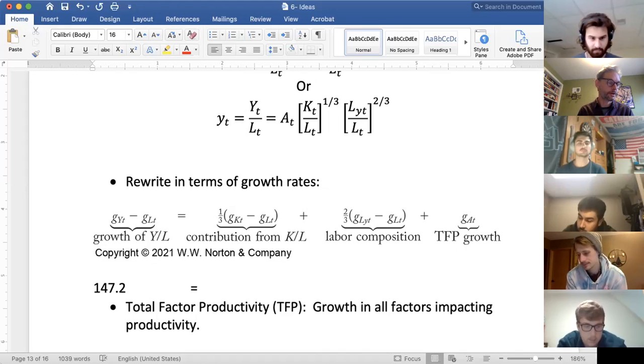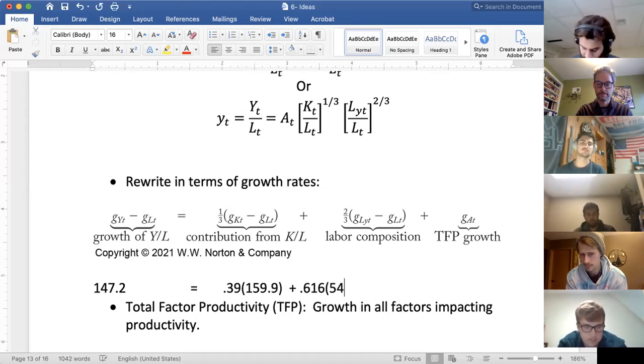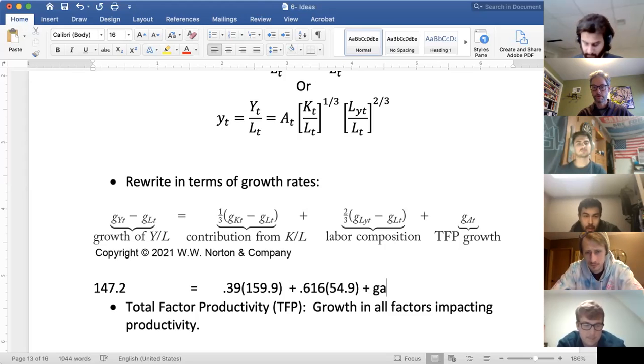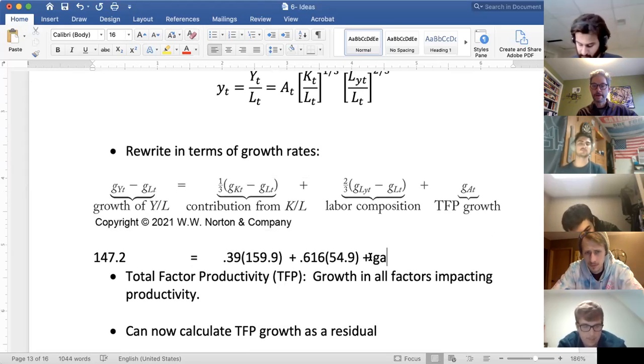We're not using 1/3 here, we're using 1 minus 0.61, or 0.39, times the growth rate of capital, which is 159, plus the growth rate of labor times the share of labor, plus the growth rate of A. And so how do we solve for what the growth rate of A is?